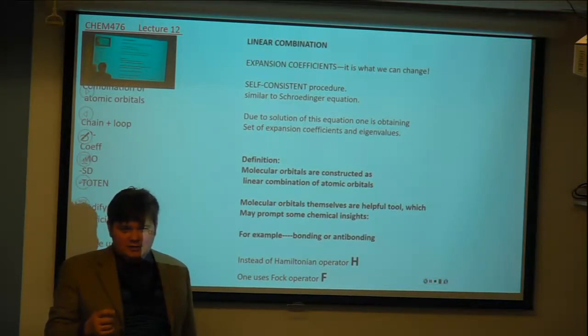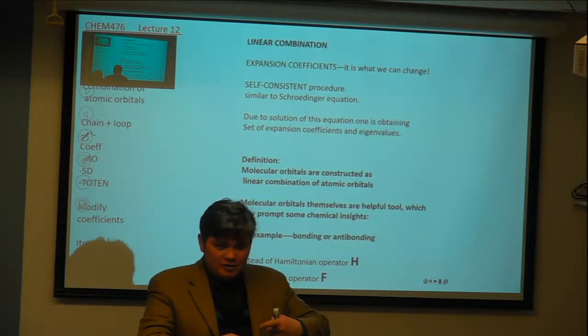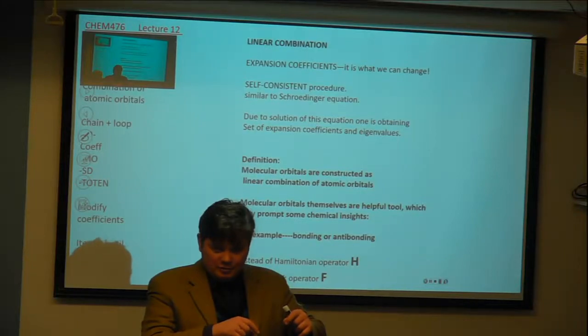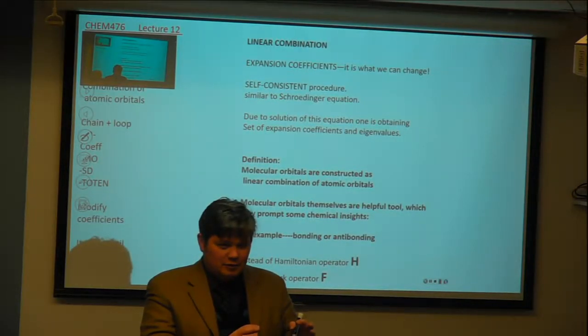So what is self-consistency? We have a set of equations. We know that if you have all orbitals found correctly, these equations will be satisfied. But we don't know these orbitals.